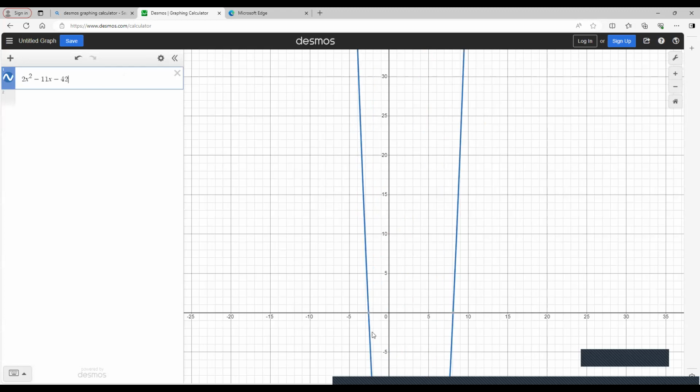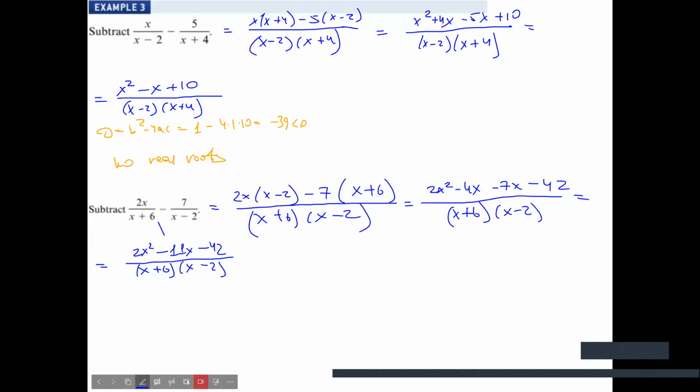Yeah, I have some irrational values, so let's take D. So b squared minus 4ac. 11 squared is 121 minus 4 times 2 times minus 42.